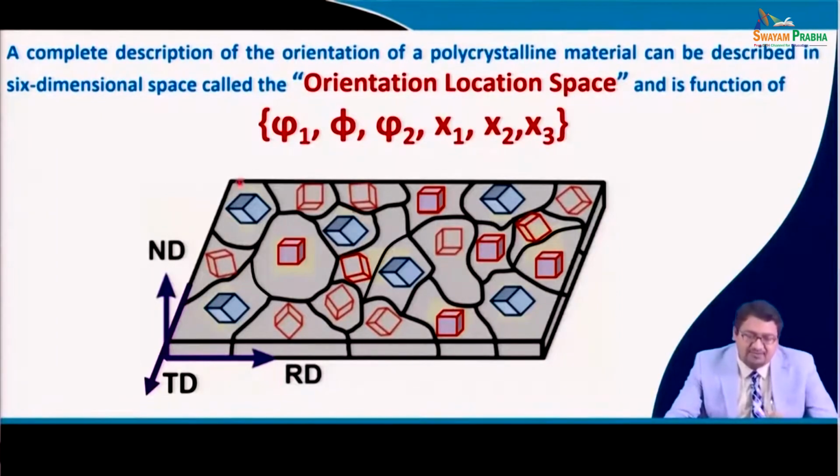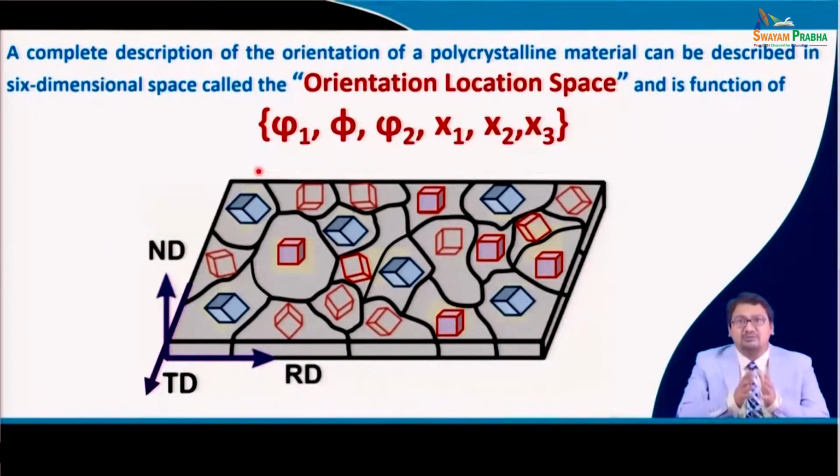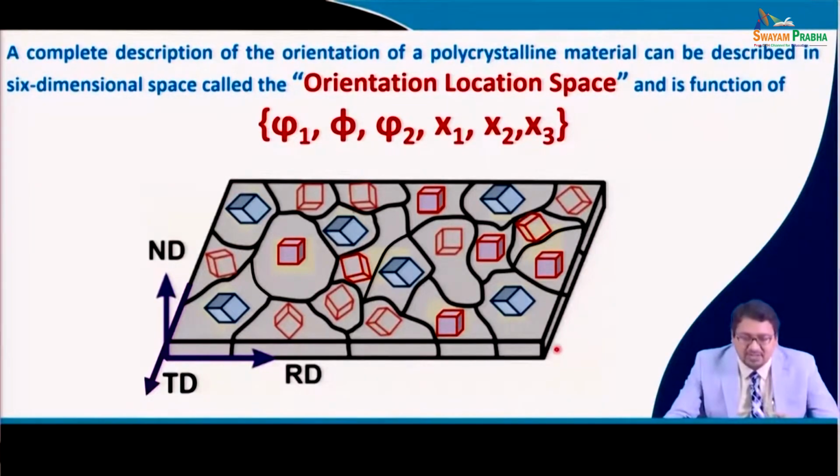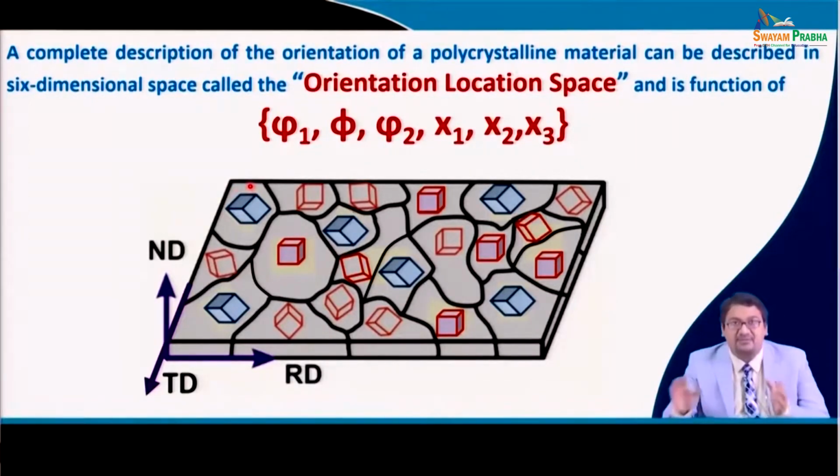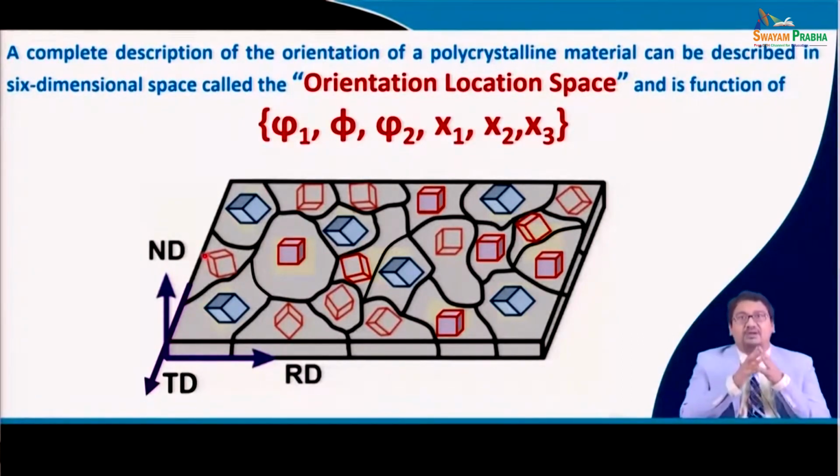If we have the information of each point or each pixel, the smallest pixel possible within this whole microstructure, from here, from here, from here, and we go like that, raster the whole microstructure and get information from the whole microstructure, then not only do we get the information of the texture in terms of phi 1, phi 2 from each of these pixels, but we also get the information of the x and y.